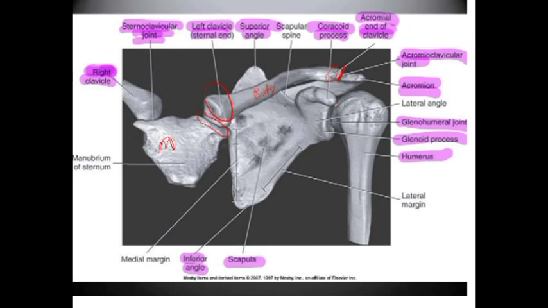Additionally, we have the glenohumeral joint, the head, and we don't really see any of the tubercles really visualized in terms of this.